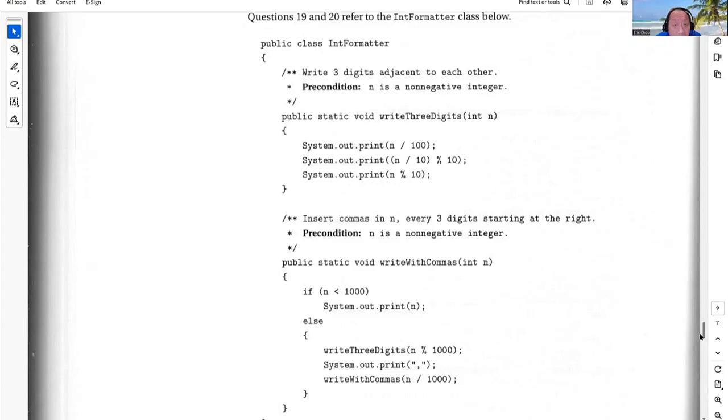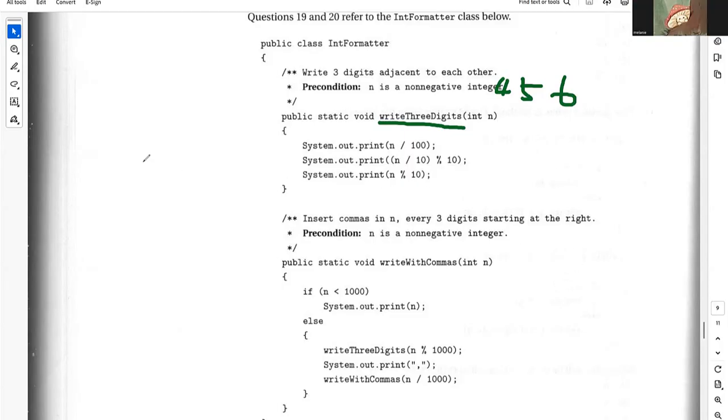Number 19. So what does this write 3-digit do? Let's assume you get a number 456. What will happen?